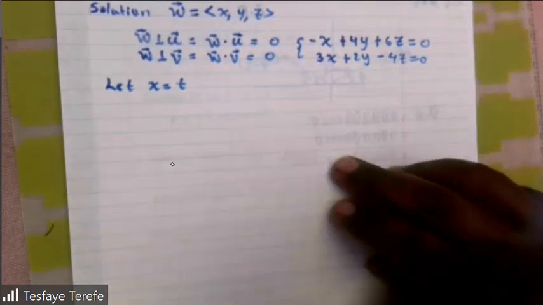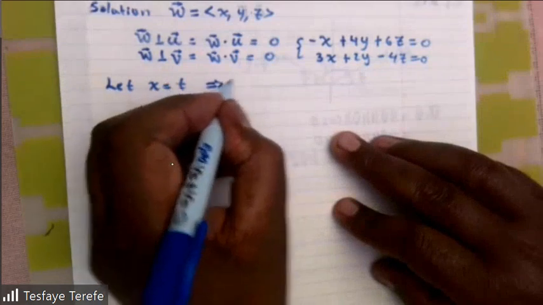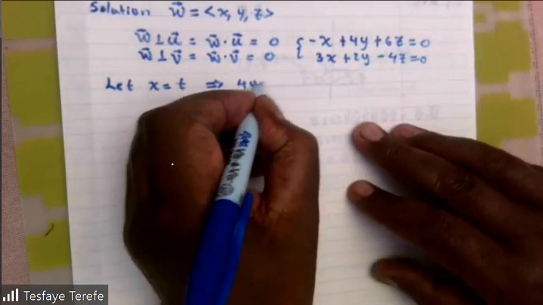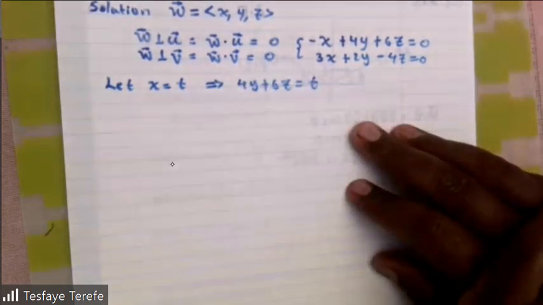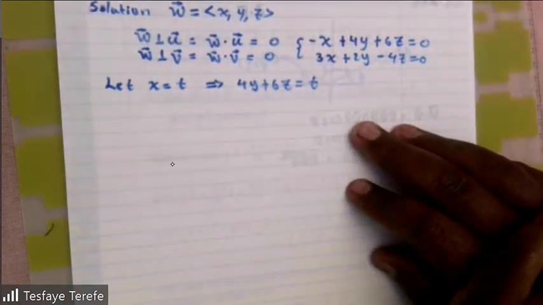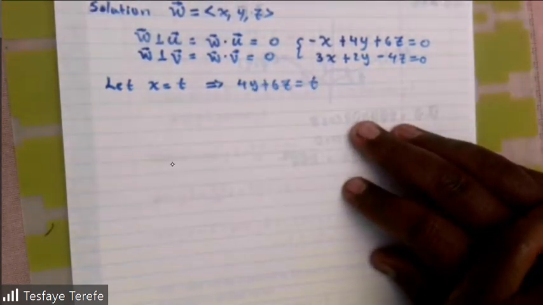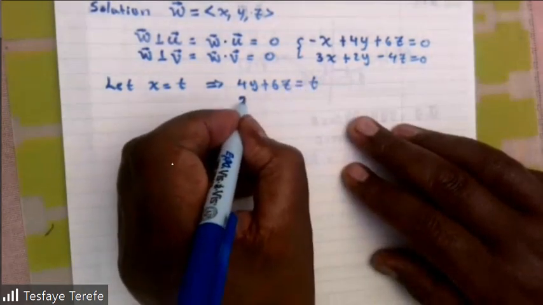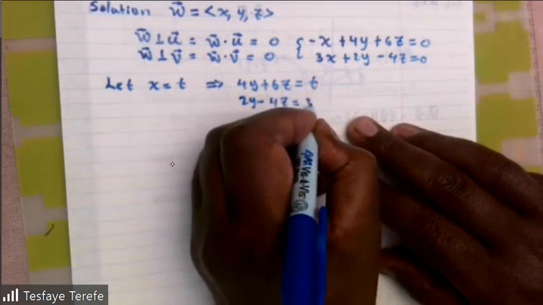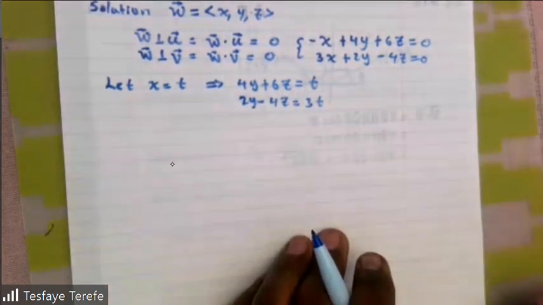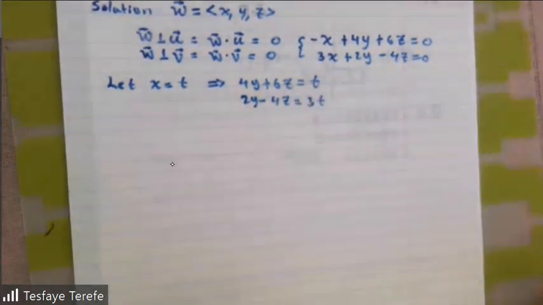If that is the case, what happened? 4Y plus 6Z equals T, and 2Y minus 4Z equals 3T as well. Then this time, T is a scalar, as I said.